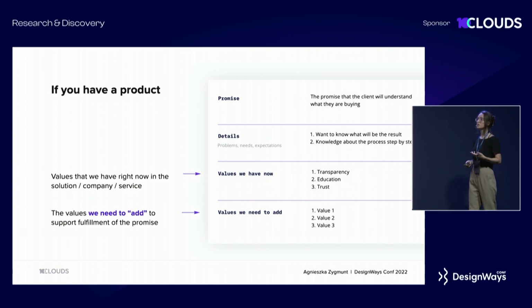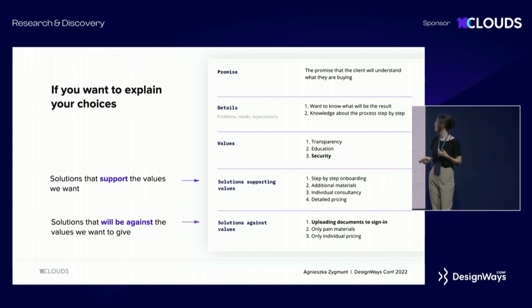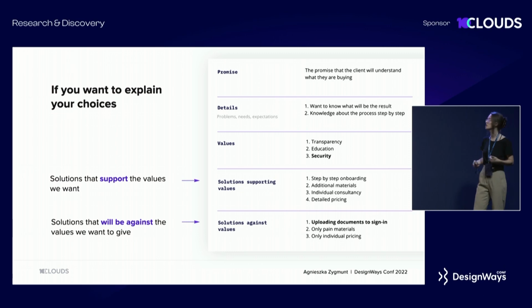But maybe you have the problem with the communication with the stakeholders. So maybe instead of looking more at the values, you can go and look for the solutions and explain to them why, for example, this choice will be better, or maybe why we should not go with this solution.